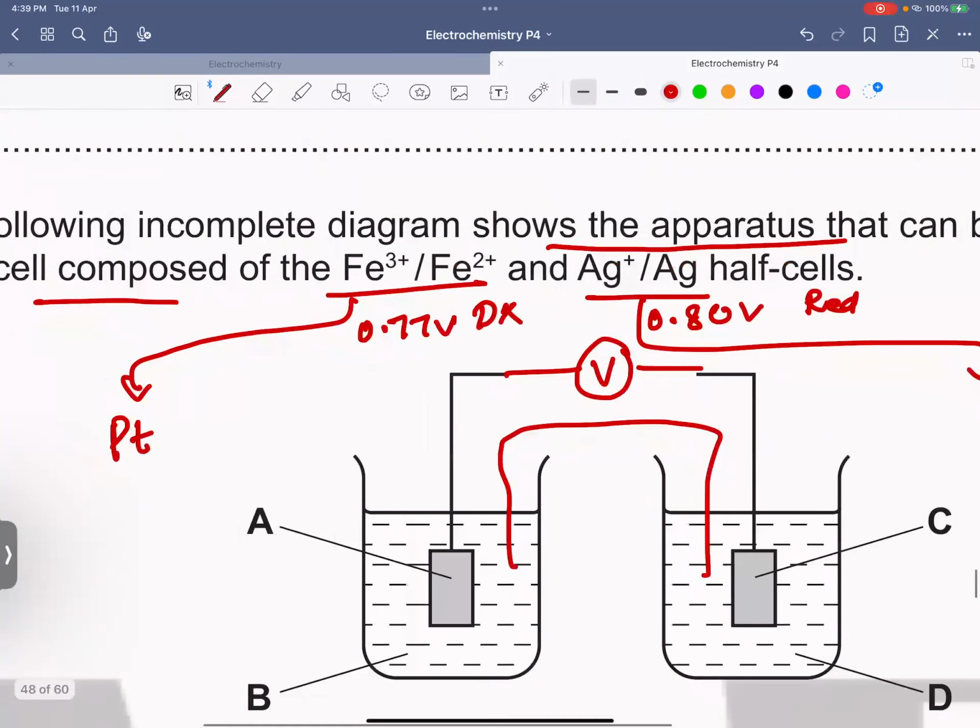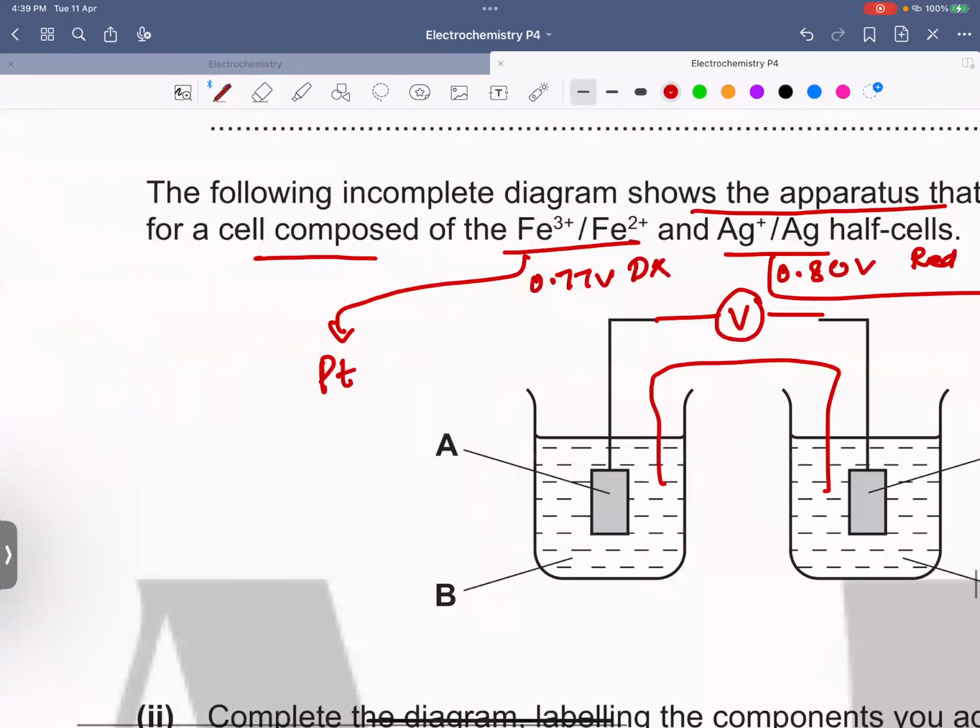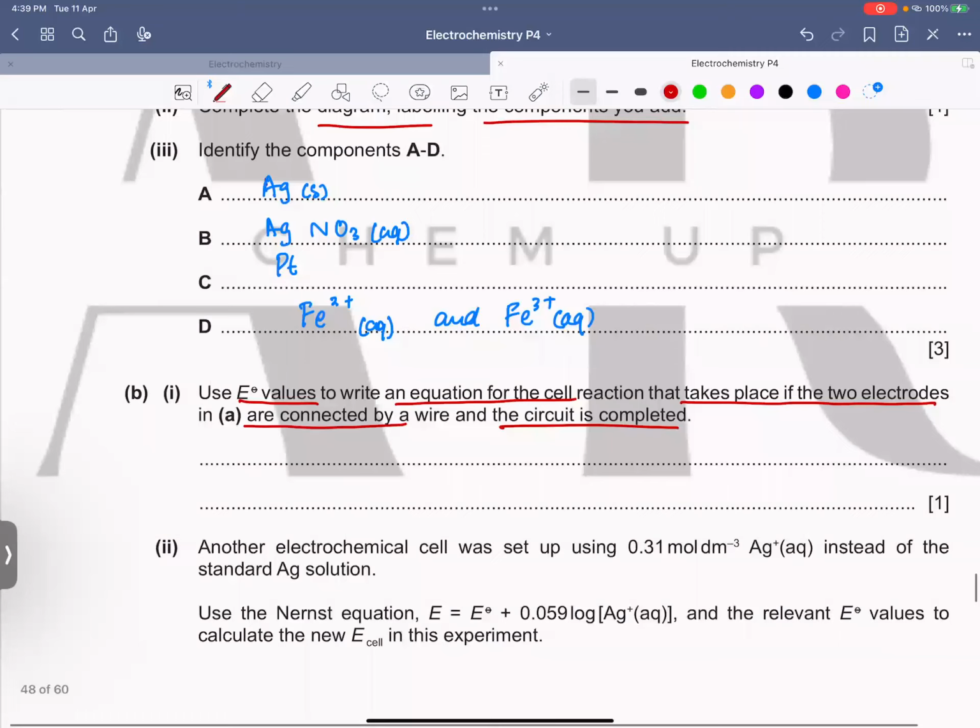So now I can make the equation. Silver is reduced, so there must be a silver ion, and there must be an iron 2+.